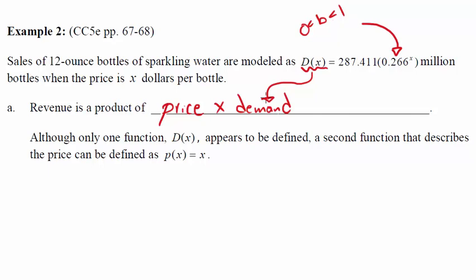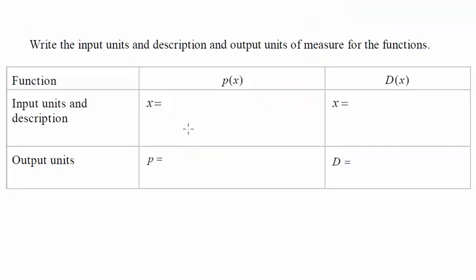Well, if we look, price is also the input value. So if you wanted to make this as simple as possible, you can think of P of X, the price, is just X. So my input units here for price is dollars per bottle.